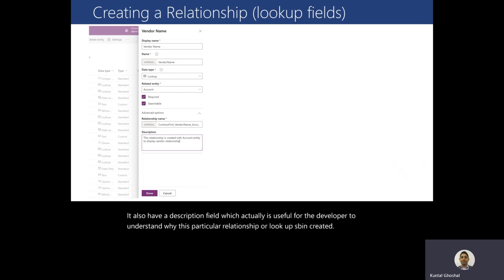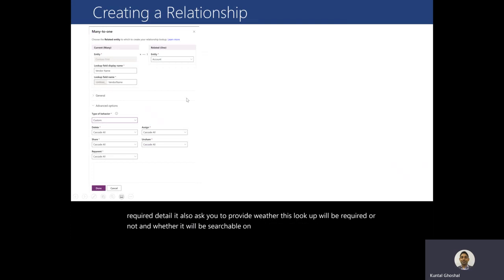When you create or choose a lookup on the Maker portal and provide all the required details, it also asks you whether this lookup will be required or not, and whether it will be searchable on the advanced find or not.